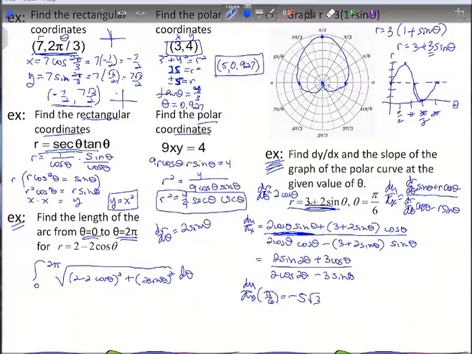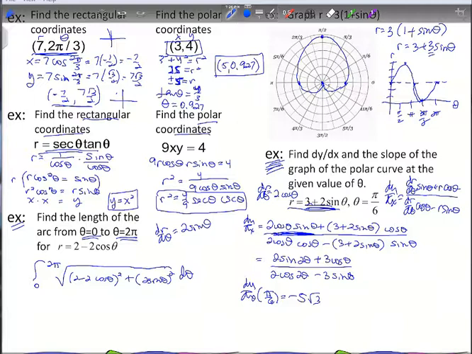And then we've got square root of. So we'll do our parentheses, 2 minus 2 cosine. And then let's close our parentheses and square it. Plus, open our parentheses again, 2 sine. Close the parentheses and square that. And then type in your dx. And let's see what we get.